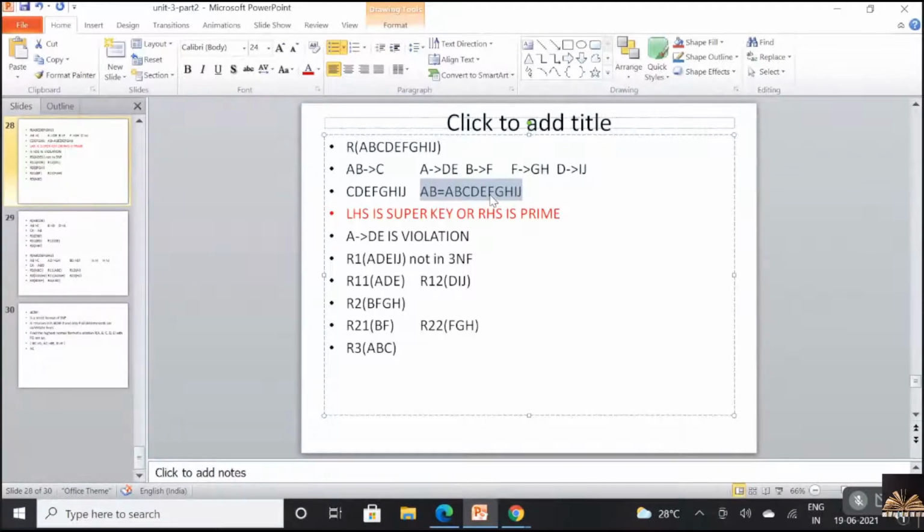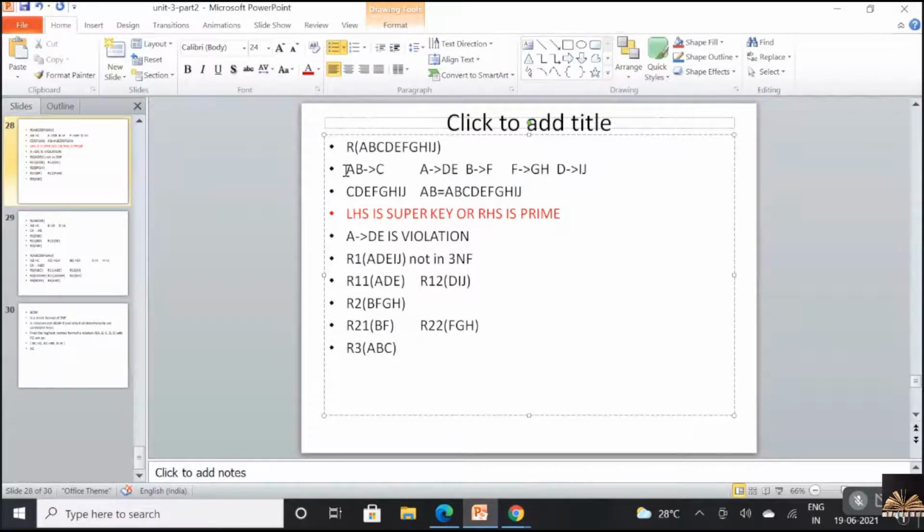So AB becomes my candidate key. Now I have to see whether the given relation with the set of functional dependencies is in 3NF or not.